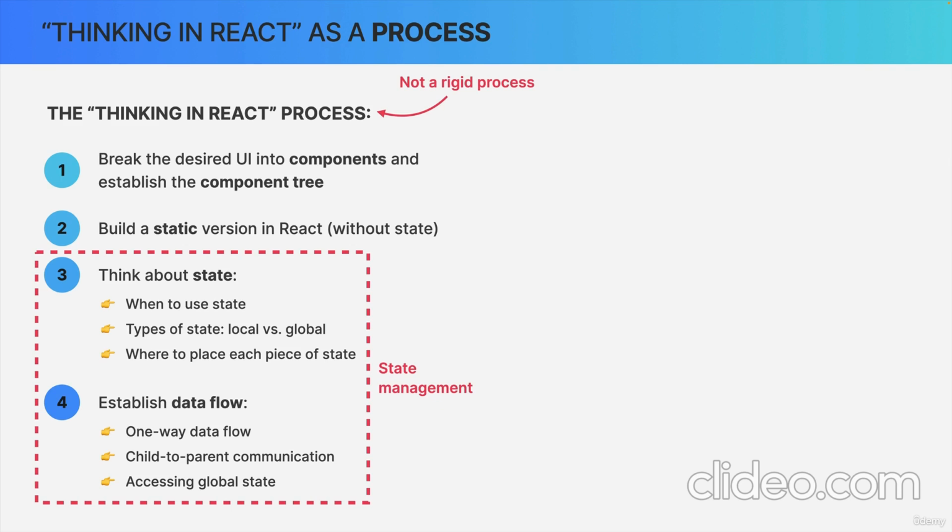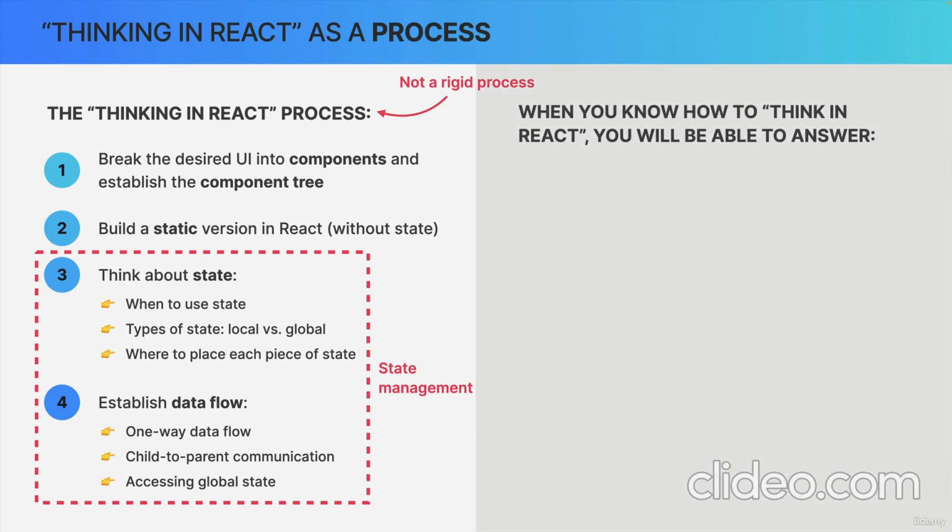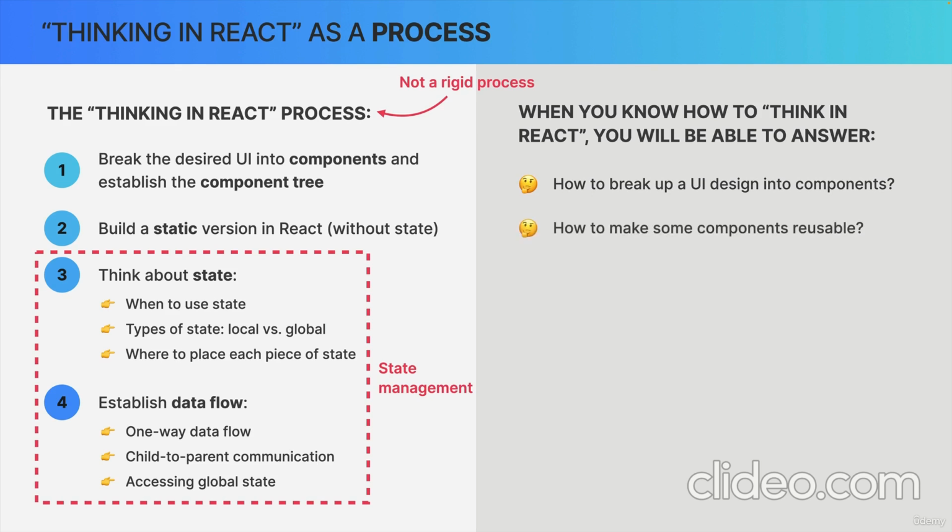Okay, now once you really know how to think in React, you'll be able to answer questions like how to break up my UI design into components, how to make some of my components truly reusable, or how to assemble a user interface from reusable components.